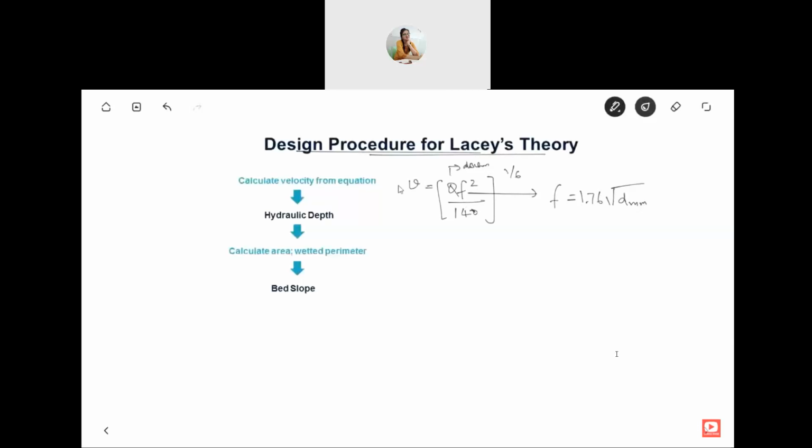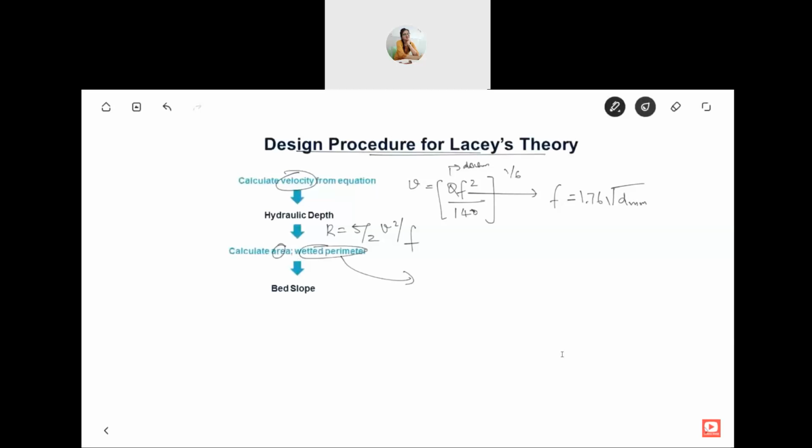So first you find the velocity from this equation. Then you find the hydraulic mean depth R equal to 5 by 2 V squared by F. Then you calculate the area and wetted perimeter.